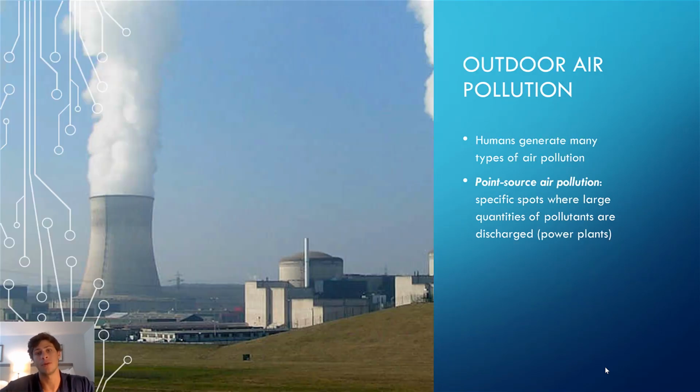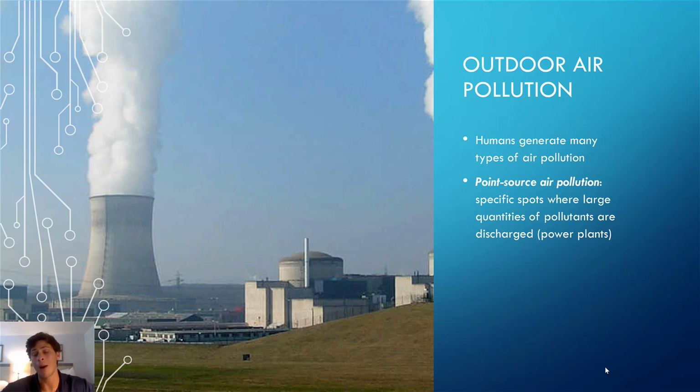Now, outdoor air pollution, specifically human-induced outdoor air pollution, can be separated into two basic categories: point source air pollution and non-point source air pollution. Point source air pollution are specific points where we release air pollution out into the broader environment. This is something we've also talked about at length in the water pollution sections of Chapter 12, but this is specific spots where large quantities of pollution are released.